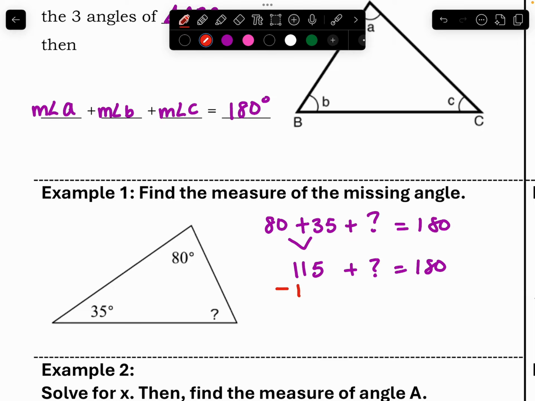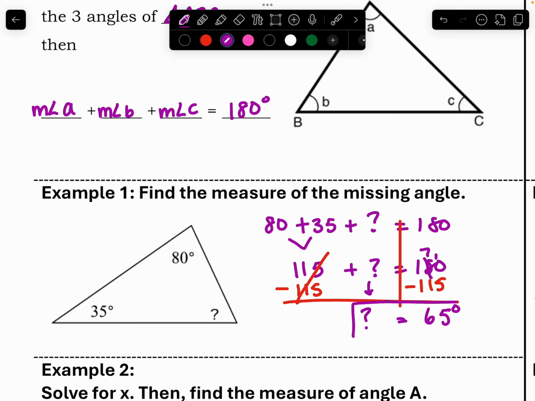You do inverse operations. Minus 115. Whatever you do on one side, you must do to the other side. So that means the question mark equals, you borrow from the 8, it becomes a 7. 10 minus 5 is 5, 7 minus 1 is 6, 1 minus 1 is 0. So the question mark is 65. Don't forget the degree symbol, otherwise it's wrong.